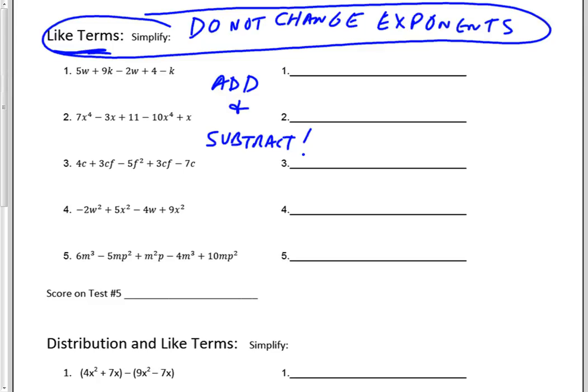So some of you were writing down 5w and 2w was 3w squared. Is that right? No. We don't want to change the exponents. That's just 3w. Let me write down answers. 3w plus 8k plus 4.